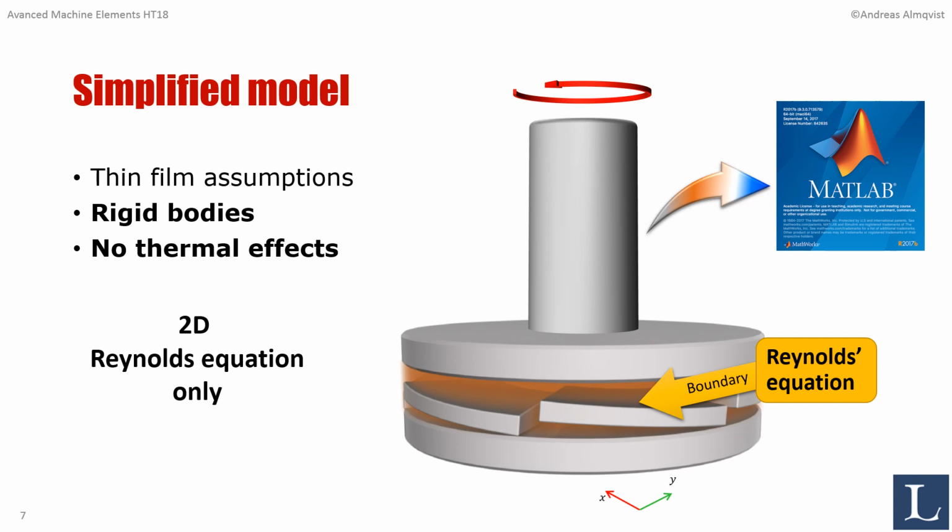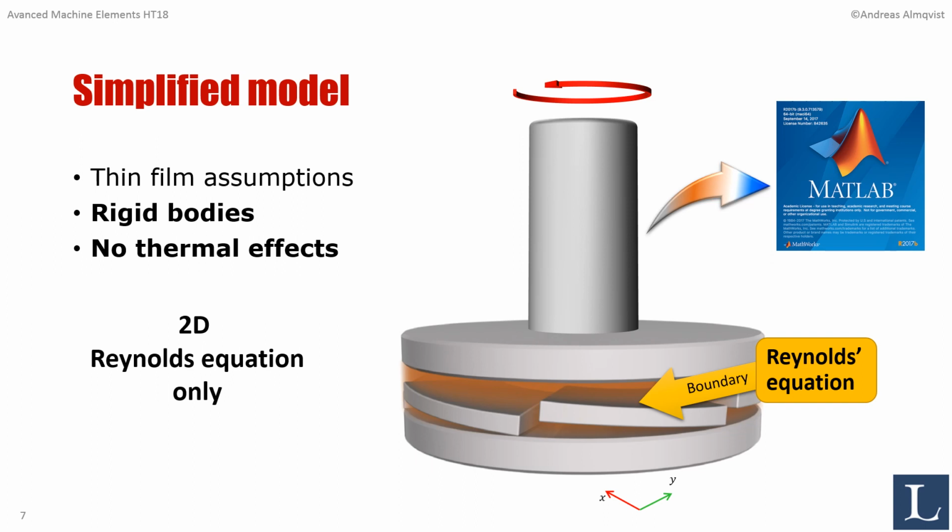However, if you assume that the bodies are rigid, okay, so if you have steel against steel and you have pretty large conformity between the bodies, then the deflection should not be that big, and probably you can omit it. You can omit solving the linear elasticity equations.